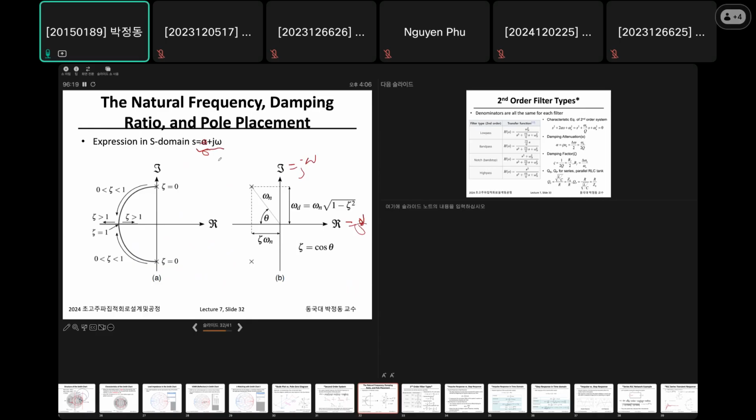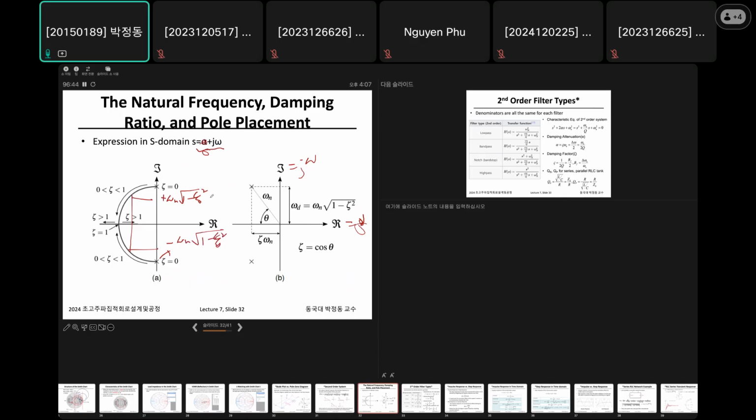For the second order system, this is plus omega n times square root of 1 minus zeta squared, and this is minus omega n times the same.